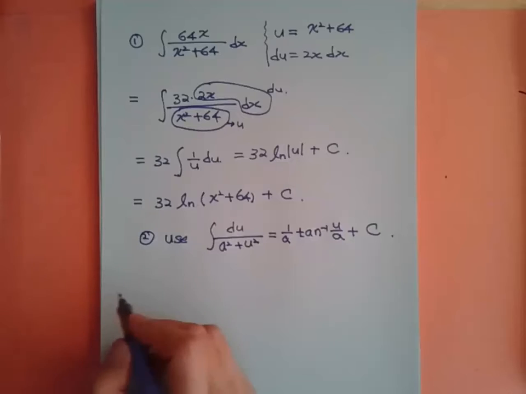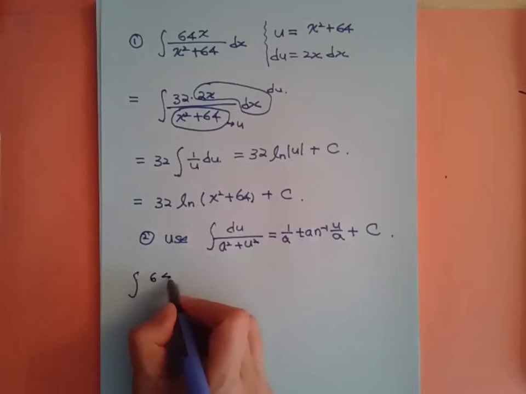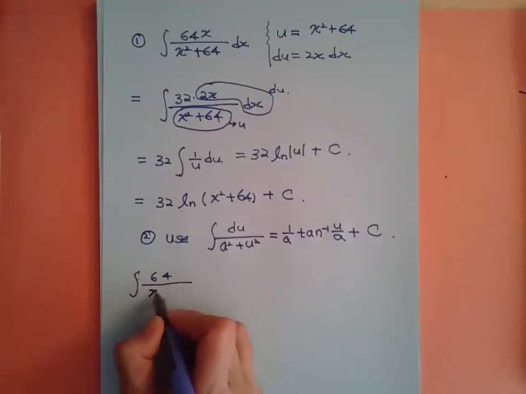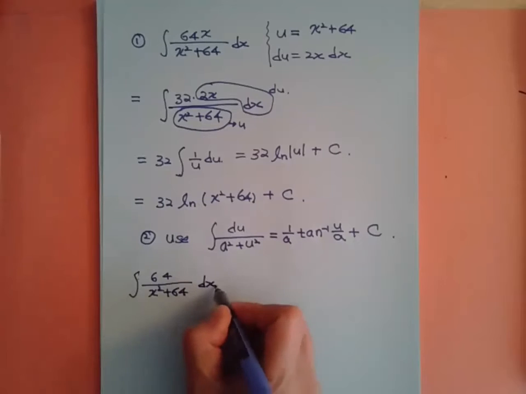So the second one was the integral of 64 over x squared plus 64 dx.